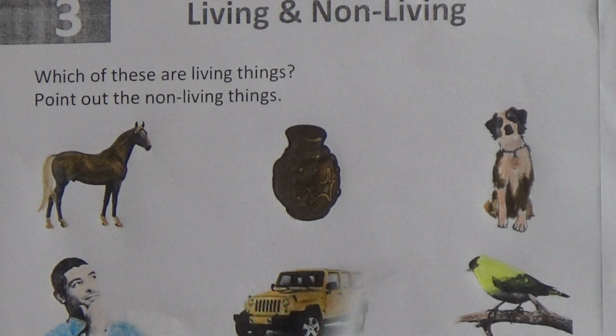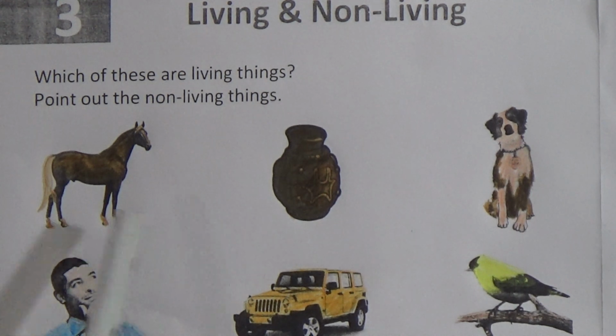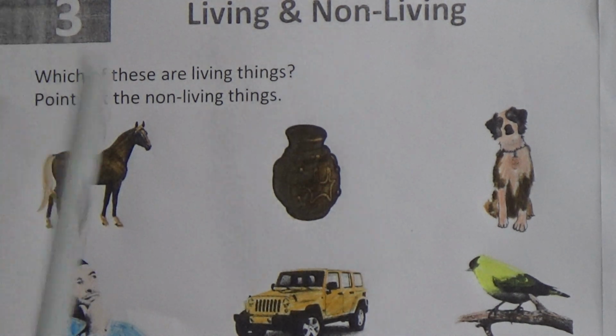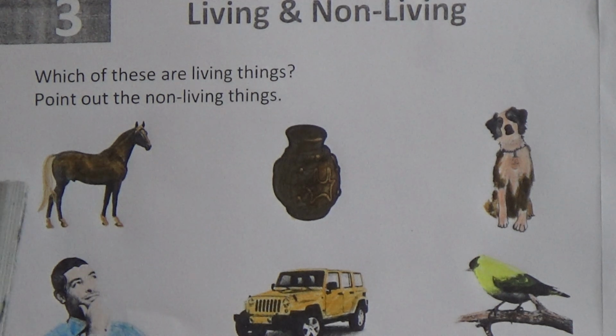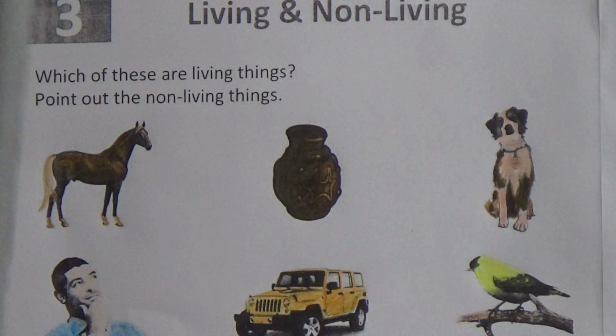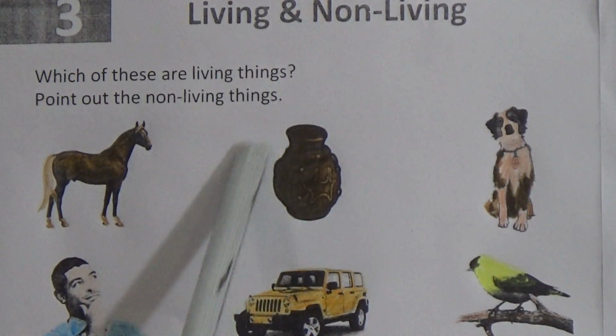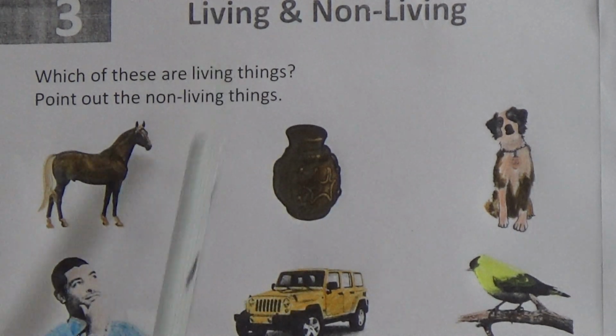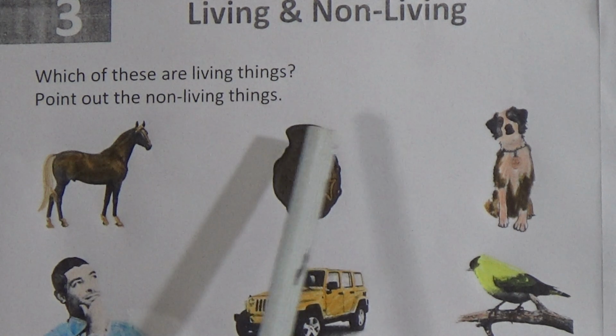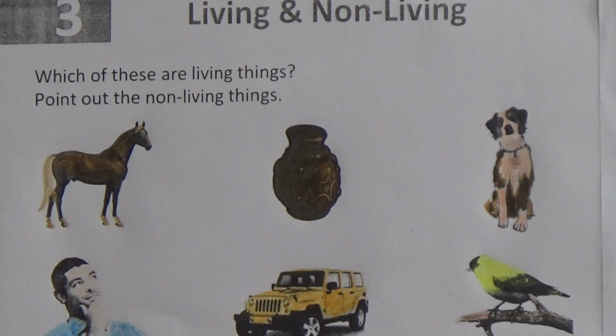So among these pictures, we have to identify which one is living and which one is non-living. If the picture is a living thing, we will write living, and if it is non-living, then we will write non-living beside the picture.